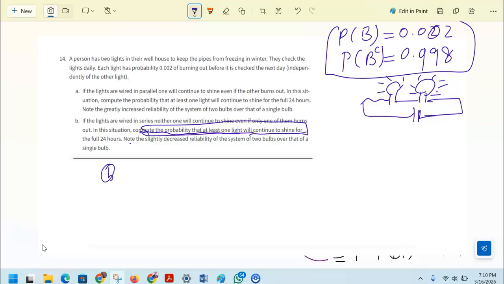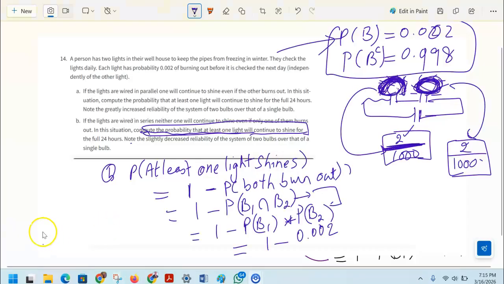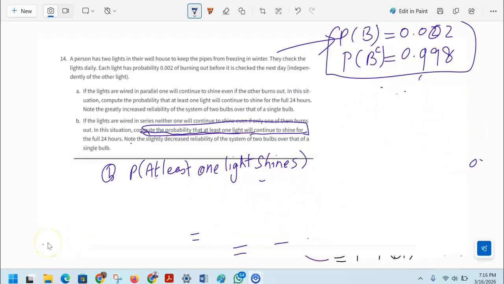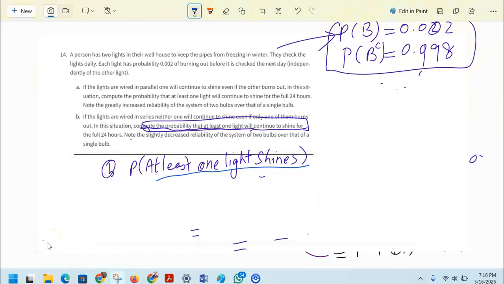So part B is the probability that at least one light shines. Basically it means both should shine. That means both bulbs should shine because they are in series, right?